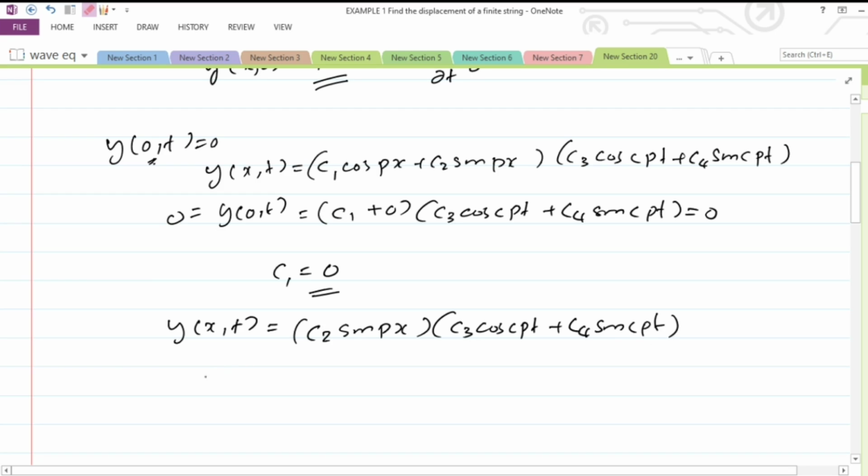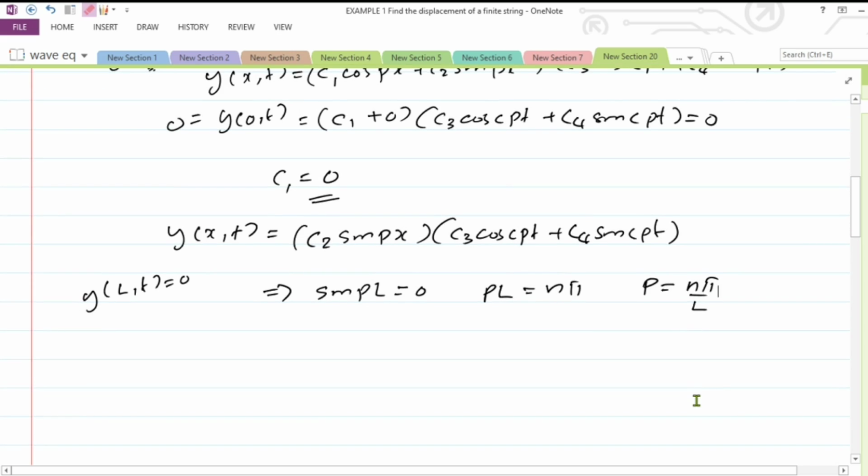Now we apply the second boundary condition, y of L,t equals 0. So we get sin pL equals 0, pL equals n pi, p equals n pi by L. We have done this in the previous problem, so I am not explaining that.